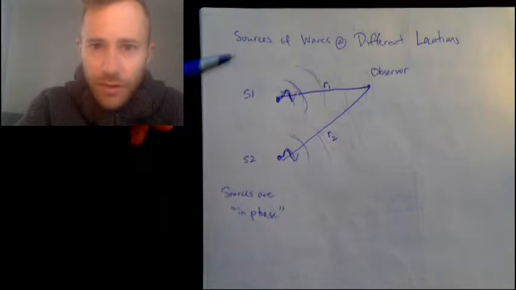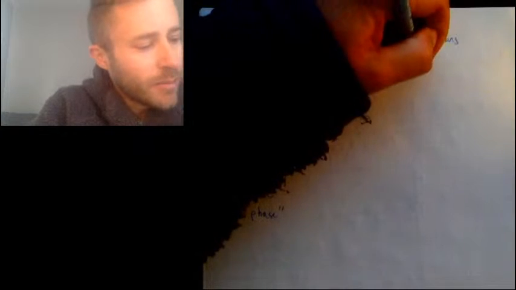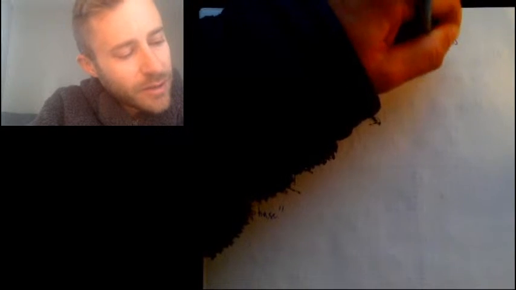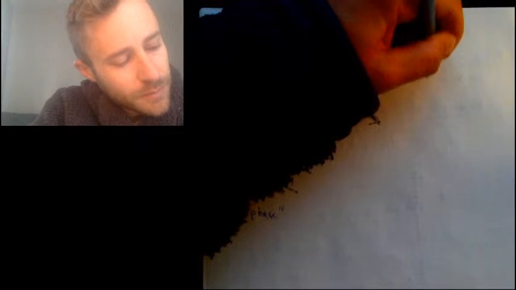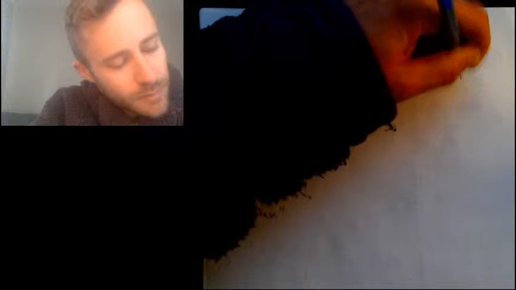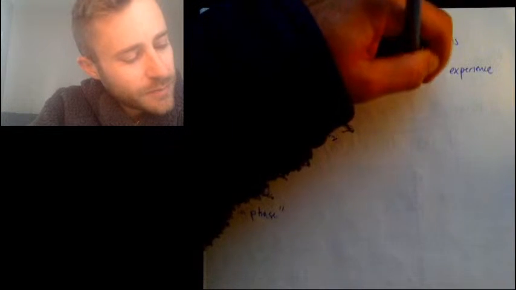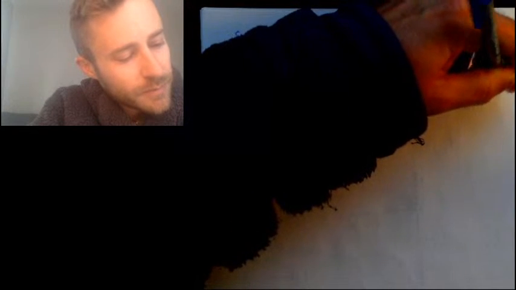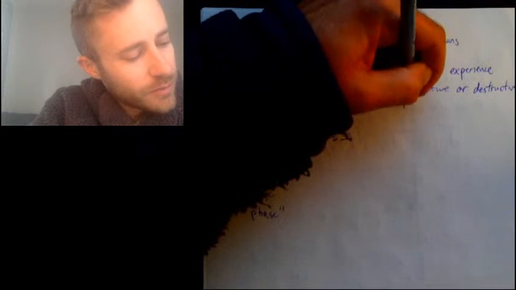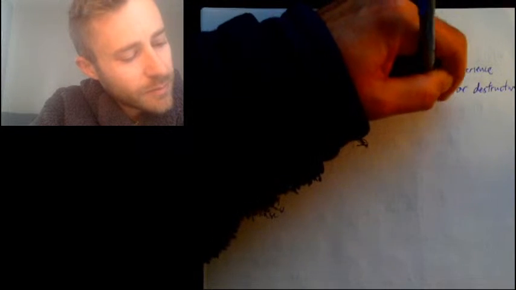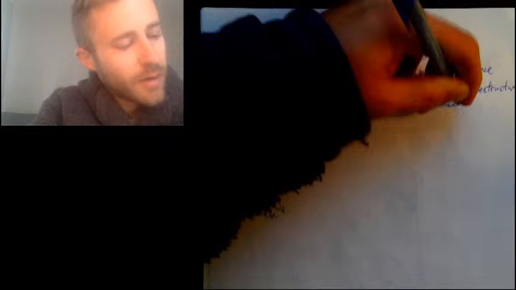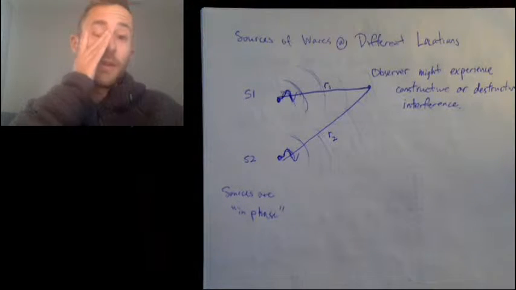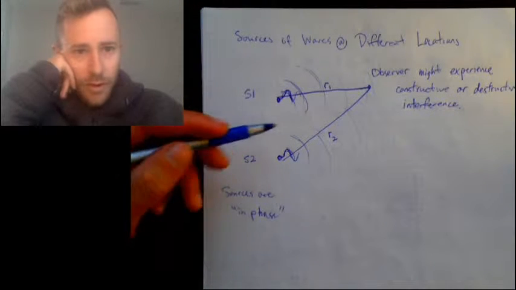So basically, the observer might experience constructive or destructive interference, even though the two sources are in phase.